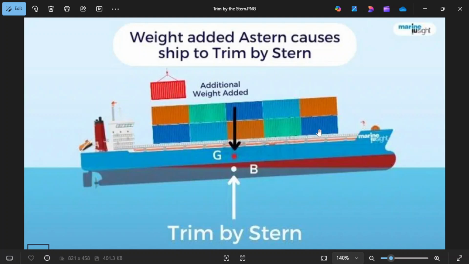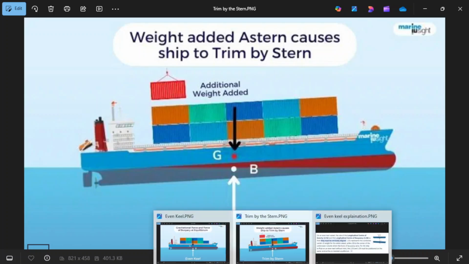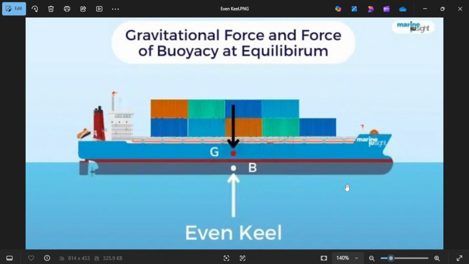You take out cargo in number 3 and number 6 hold. When you take out or discharge cargo, the vessel will rise until the draft of 13.80. So this will rise, and it will have an even keel situation. This is an even keel, and the draft of this even keel is 13.80.